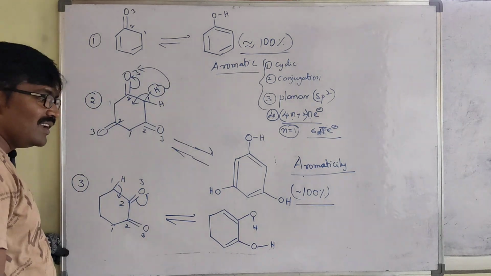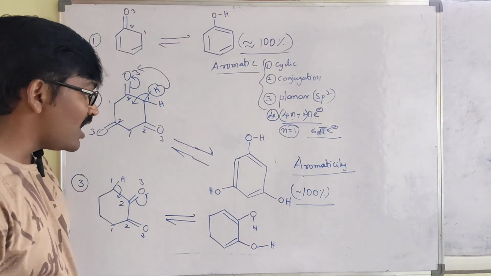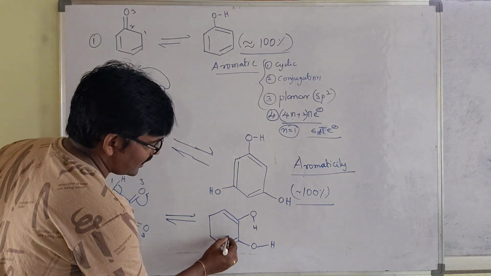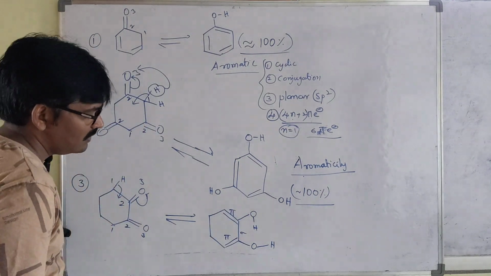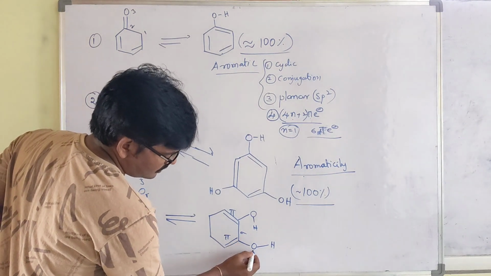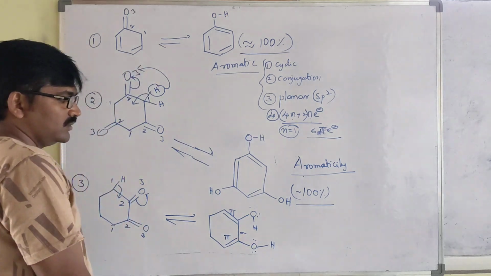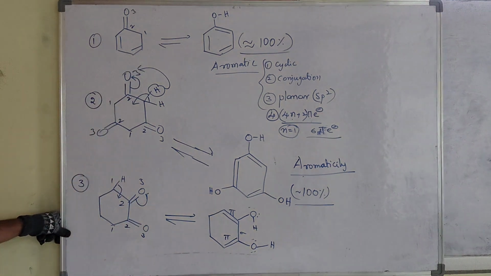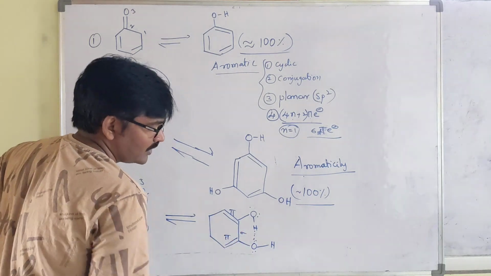Here actually there is no aromaticity, but conjugation will be there. You can observe pi, sigma, pi conjugation will be there. Even pi, sigma, lone pair of electrons conjugation will be there, right? One more thing you can observe: hydrogen bonding is also present between them.